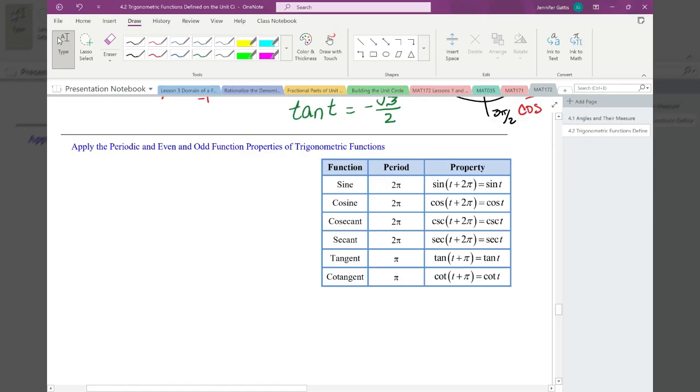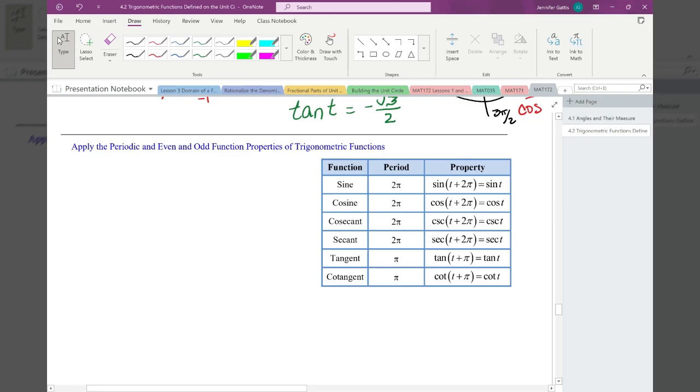So if you take a look at the student notes and go to the very last page, you will see graphs of sine and cosine and then also of tangent. And what you're going to notice is that sine repeats every 2 pi. So does cosine, so does cosecant and secant.